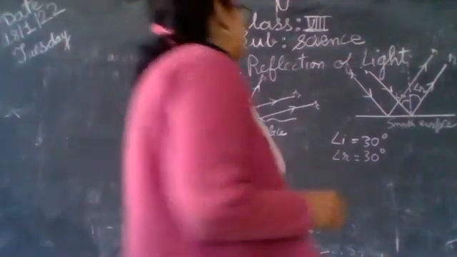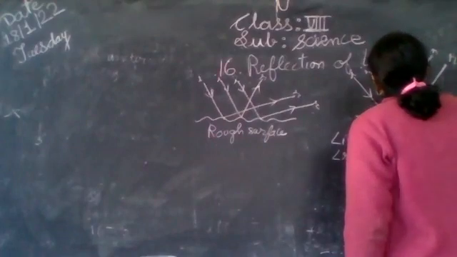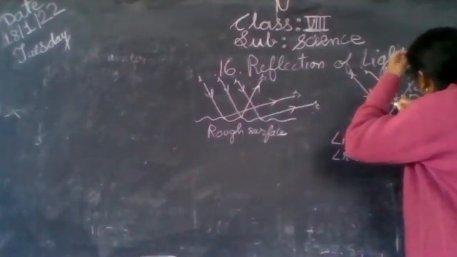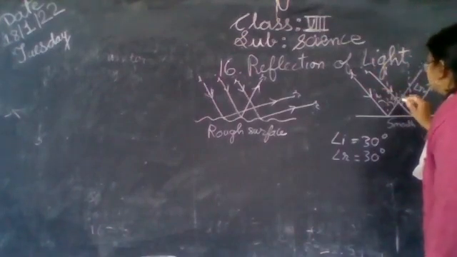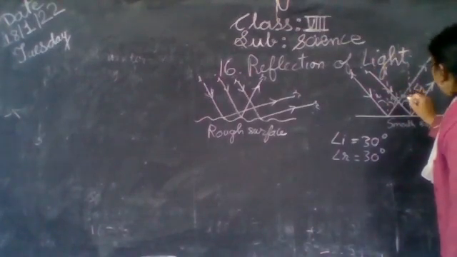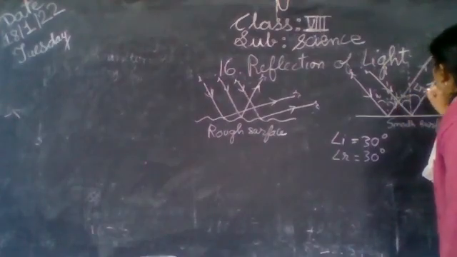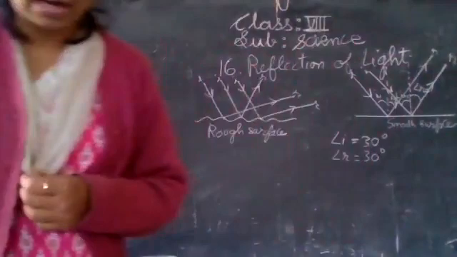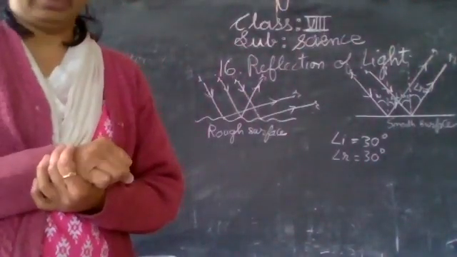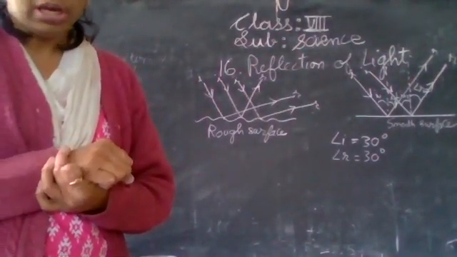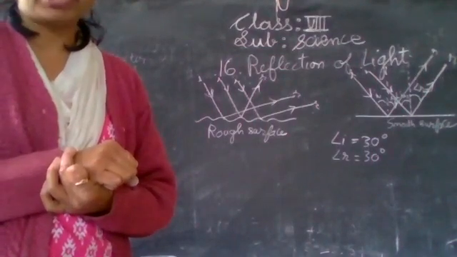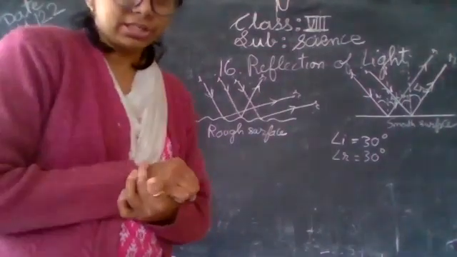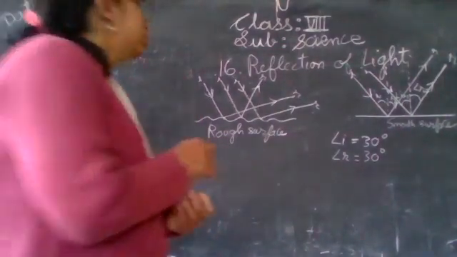Here, as we are going to consider more than one ray, this will be angle I1, I2, R1, R2. You see, they are going to be parallel to each other. And one more thing, their angles of reflection, we can consider will be the same.